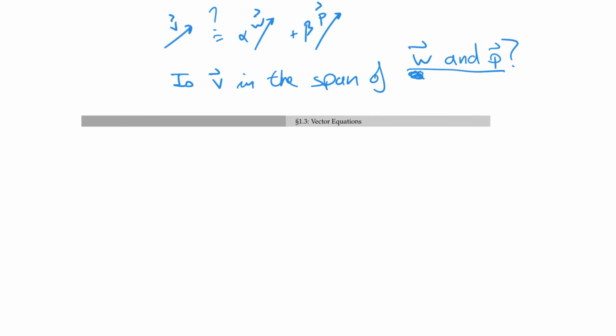Let's do a really good example that sets a tone for later on in the course. Let's call i hat (1, 0) and j hat (0, 1).